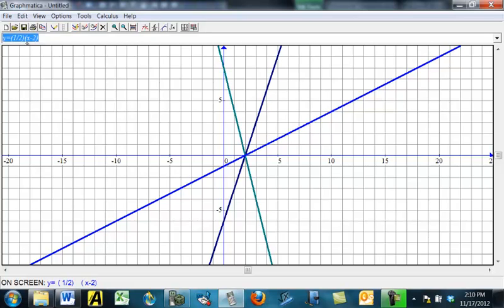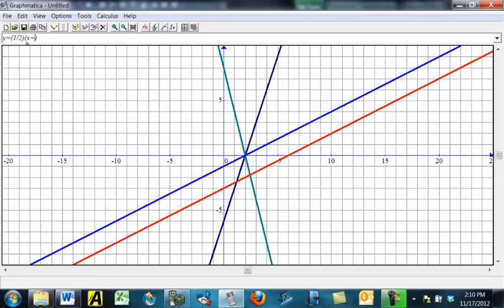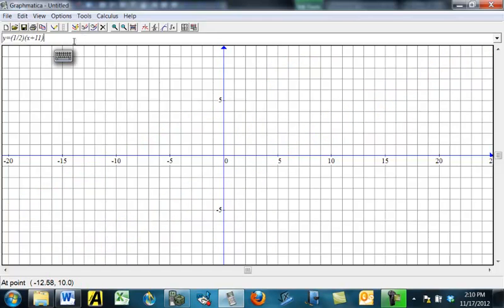But it didn't affect where it crosses the x-axis. If I want to do that, I need to change this number, like say x minus 6, now it crosses the x-axis at 6, 0. Or if I say x plus 11, now it's going to cross the x-axis at negative 11.